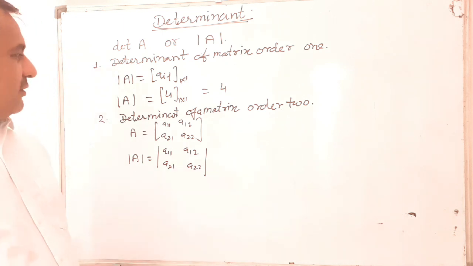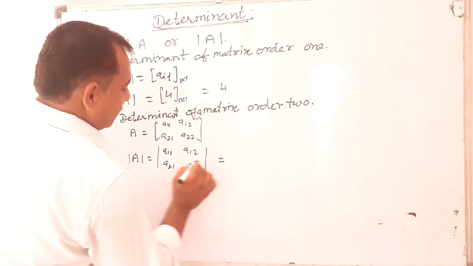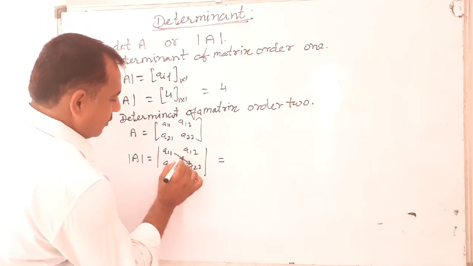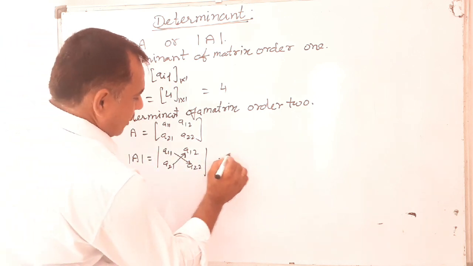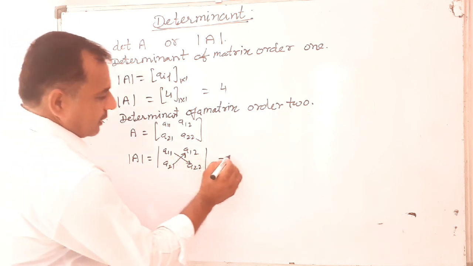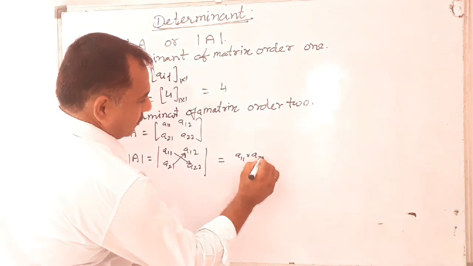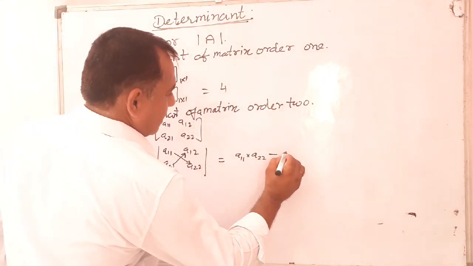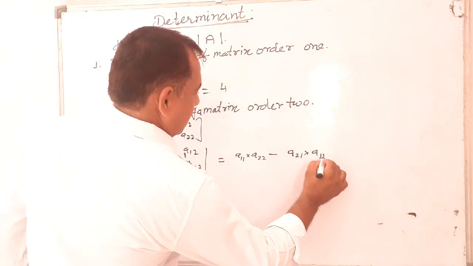We can expand the determinant by cross multiplying the elements of the determinant. Start with the principal diagonal: A11 into A22 minus A21 into A12.